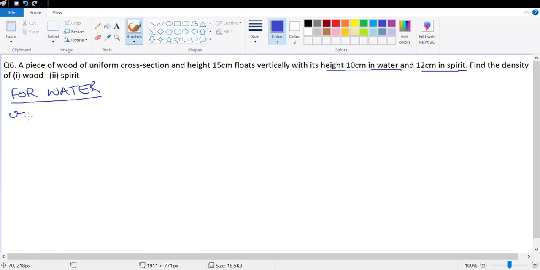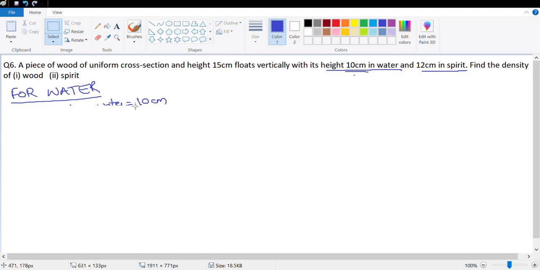Small v, which is 10 centimeter in water. Oh, this is not volume, this is the height. So let me just first calculate the volume.